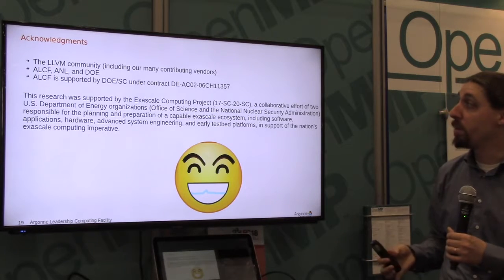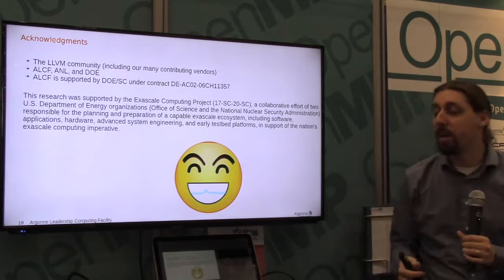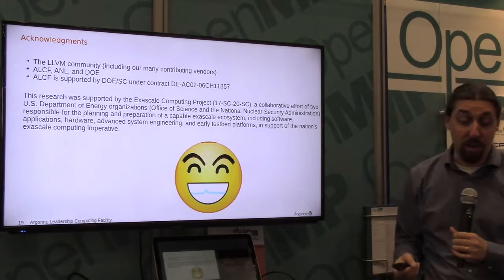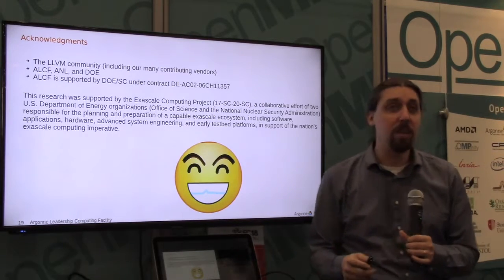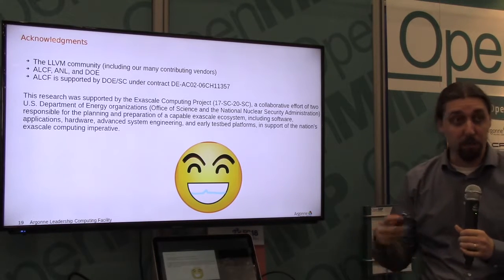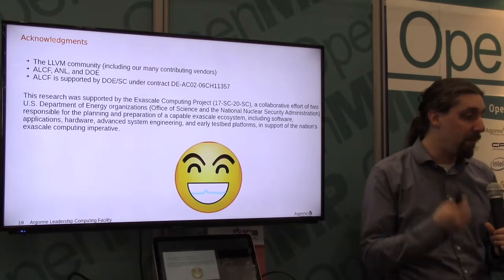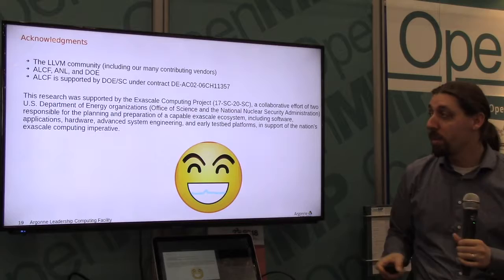So this is what we've been working on. This is in the context of LLVM, and we are in the process of contributing the components of these optimizations back up to the upstream LLVM project, so that everyone will be able to download them and take advantage of them for themselves. Okay, thank you.